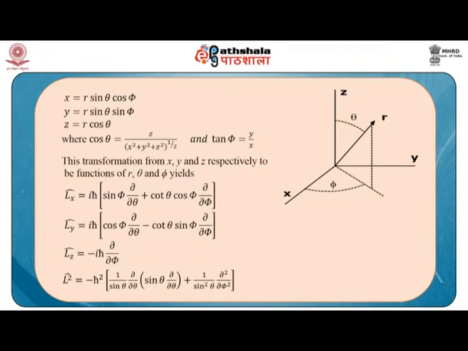You can see here that x is equal to r sin theta cos phi, y is equal to r sin theta sin phi, and z is equal to r cos theta. And r square is equal to x square plus y square plus z square.